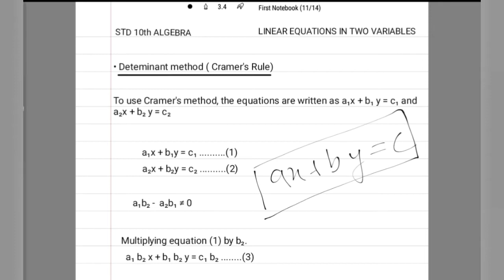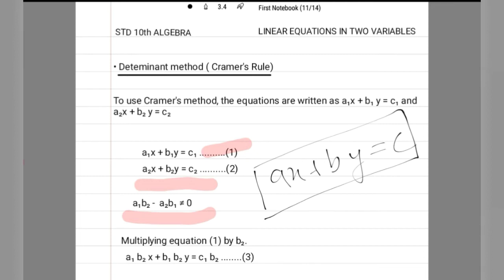Now here they have given two equations, that is a1x plus b1y is equal to c1 and a2x plus b2y is equal to c2. This is the second equation. Now another condition for this is a1b2 minus a2b1 should not be equal to 0. Now why they have used this condition, you will get to know at the end of this video.